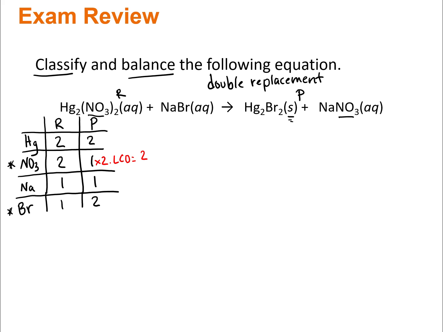So on the product side, we're going to find the compound that has nitrate and place a 2 in front. If you feel comfortable with it, you can just keep going without making another chart. I'm going to show you the make another chart way just because it's the best guarantee that you'll get it right.